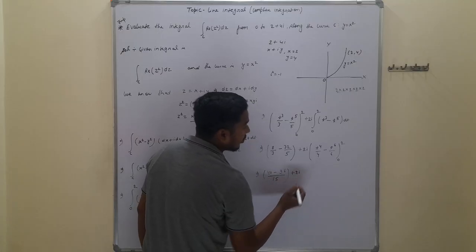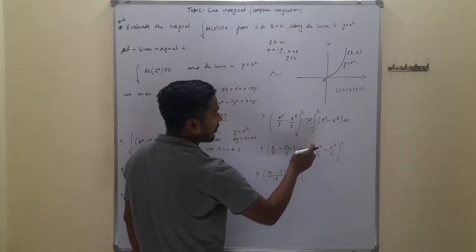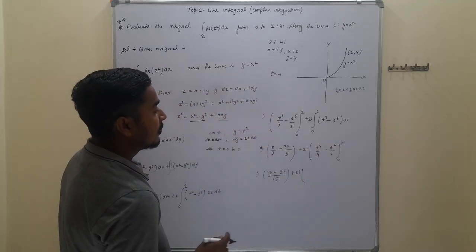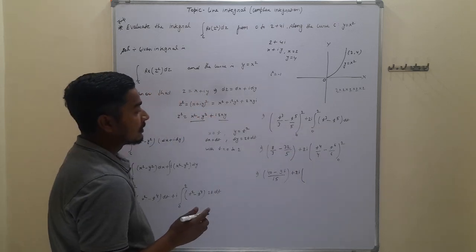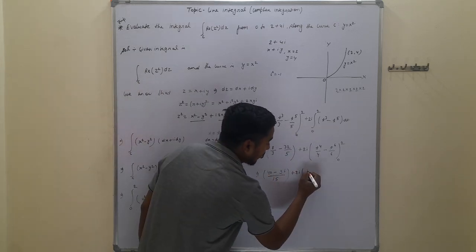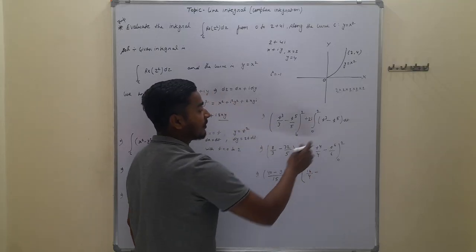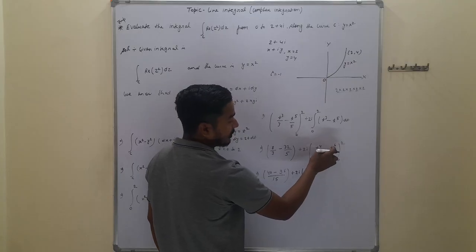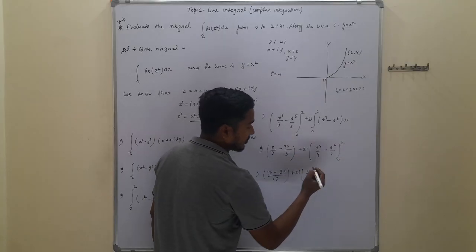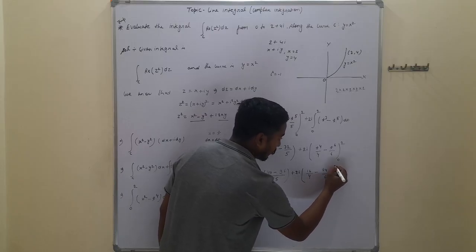Plus 2i, and putting the limit, in place of t we put 2 to the power of 4, this gives 16 upon 4, minus t to the power of 6. Putting the upper limit 2, this gives 2 to the power of 6, this is 64 upon 6, with limit 0 to 2.